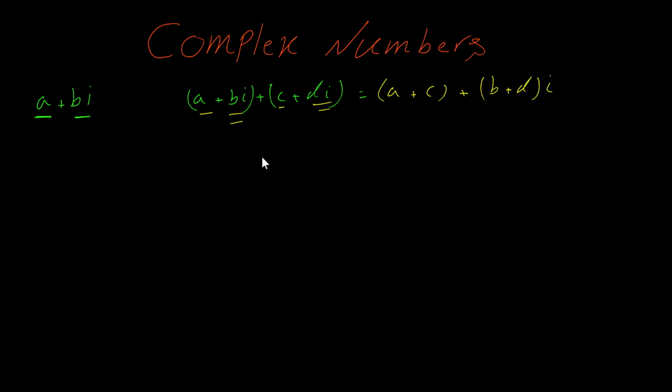Now, if you wanted to do the subtraction, so if you have a plus bi, and we want to subtract c plus di, in this case the only thing that is going to change is that here we have a minus c, and then we are going to have bi minus di.